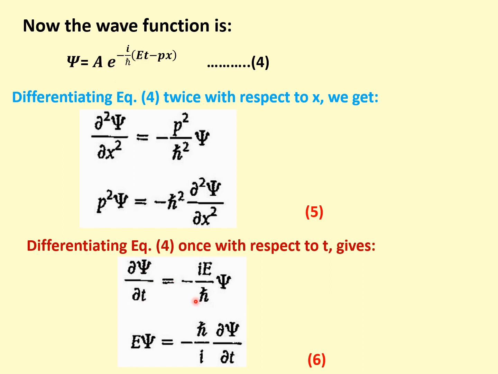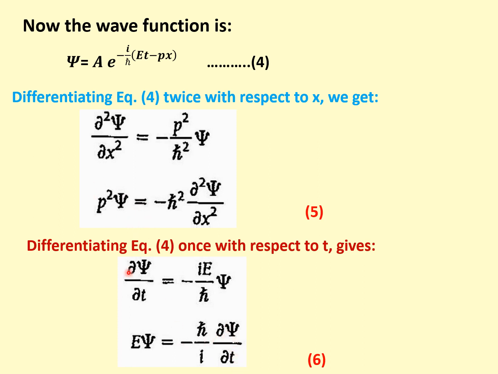So again it will be A e raised to the power minus i by h bar (Et minus px) into the differentiation of the exponent. Px gives 0, since we are partially differentiating with respect to t, and then we have minus i into E. So minus iE by h bar into psi, or from here we can find E psi equal to minus h bar by i delta psi by delta t.